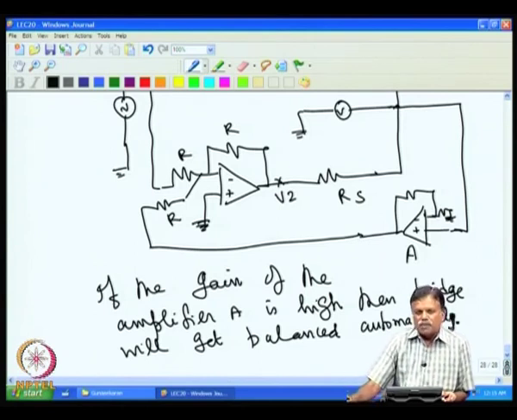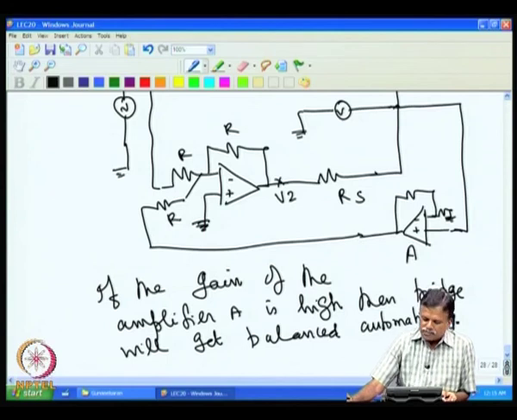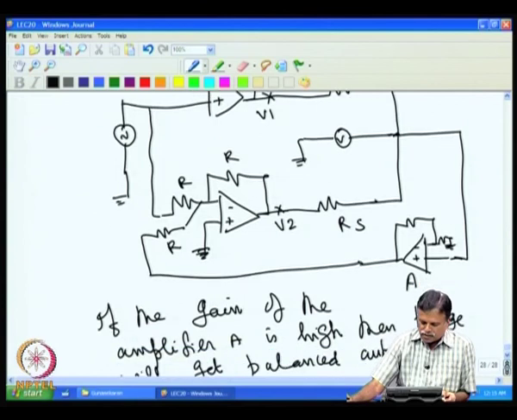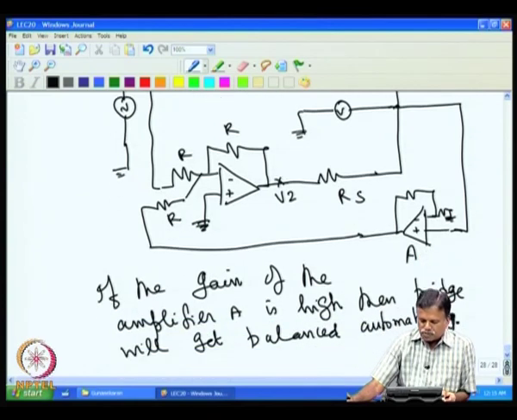Because manual balancing of the bridge is a problem, and this automatic balancing helps us. So, we need not balance the bridge. The bridge balancing takes place automatically.